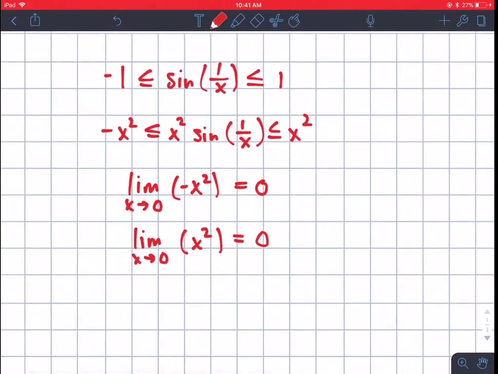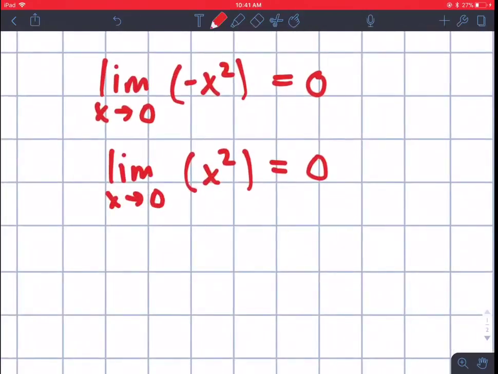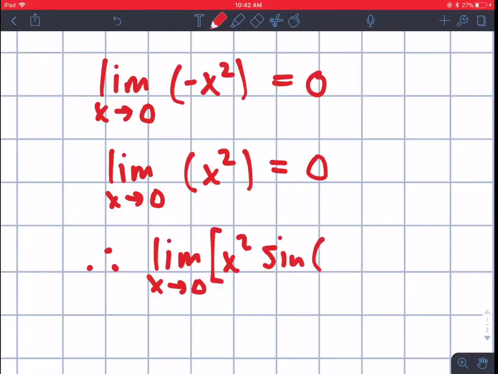Since both of those limits equal 0, and this function is always in between those two functions, with the exception of when x equals 0, because then it is undefined, we can say, therefore, that the limit as x approaches 0 of x squared sine of 1 over x, the thing we wanted to find, is also equal to 0.